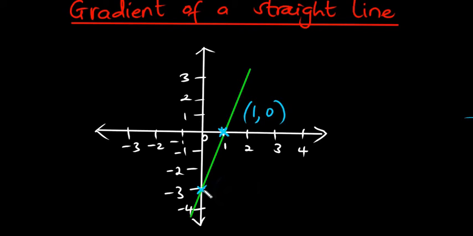From this point to the point (1, 0), we are moving across the x-axis 1 unit, from the x value of 0 up to the x value of 1. And along the y-axis, from -3 to 0, this is a difference of 3 units.